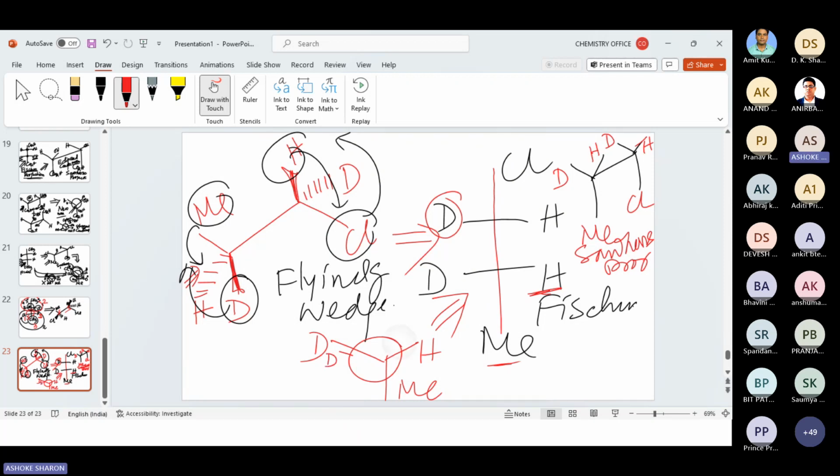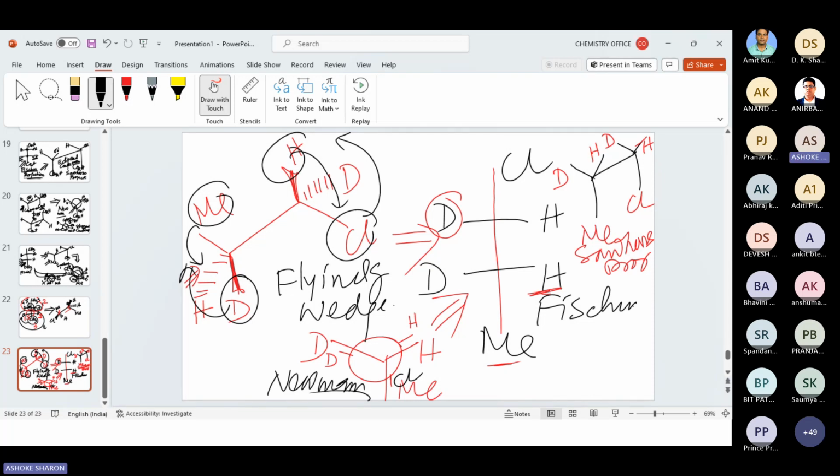I have already told you last time, you can't draw the same phase. In this case it will be your chloride. So this is your Newman projection.